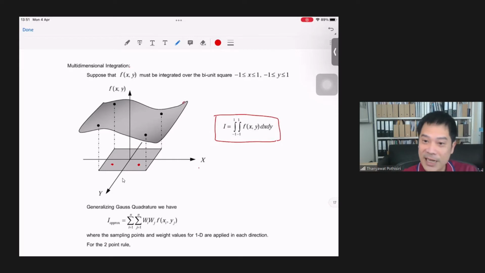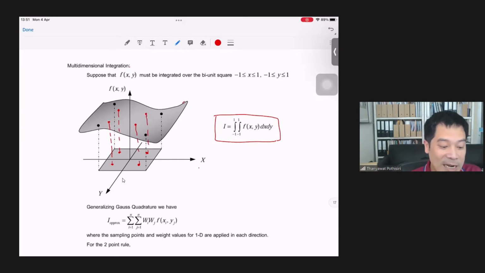In X direction, I have two sampling points. In Y direction, I also have two sampling points here. So two in X direction and two in Y direction. So I would now have four representative values of my function at these sampling points.